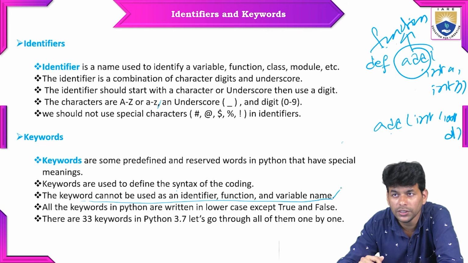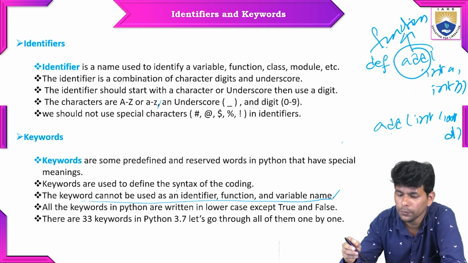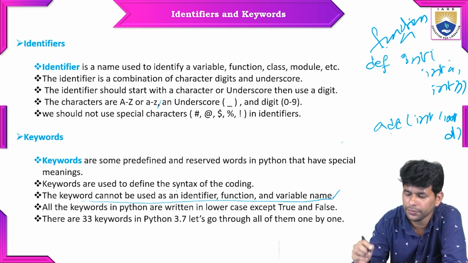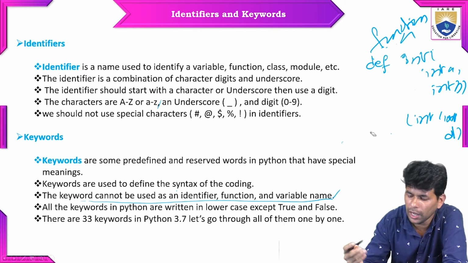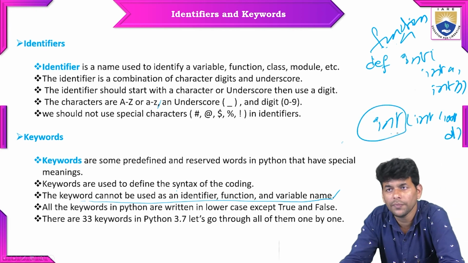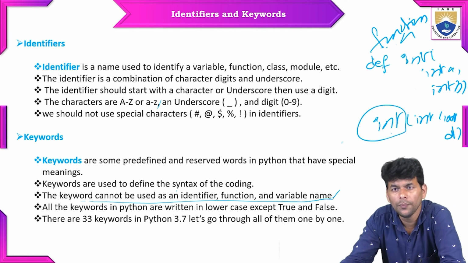The third one is saying that we cannot use here def int of. That means the function name is int of. Here we cannot give the function name as int. Why?